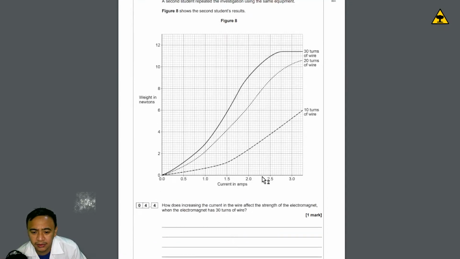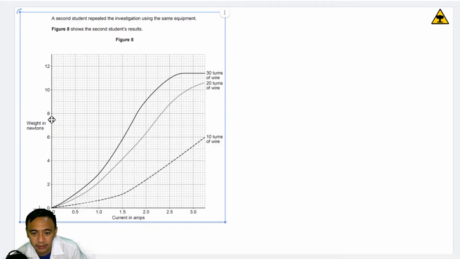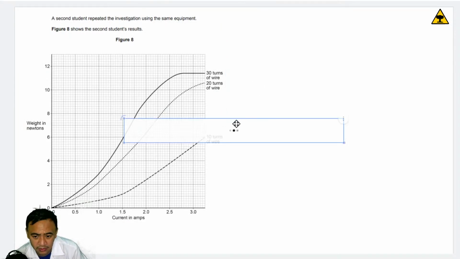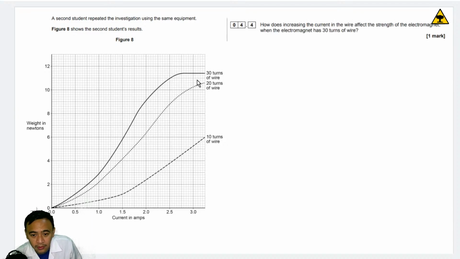So the first question here is, how does increasing the current in the wire affect the strength of the electromagnet when the electromagnet has 30 turns? Increasing the current increases the strength until the strength reaches a maximum value. Okay, correct.